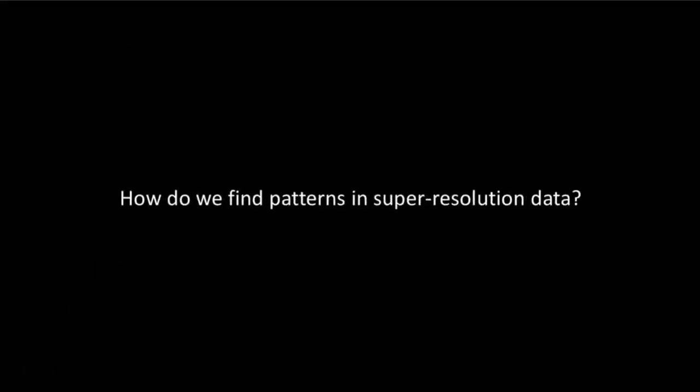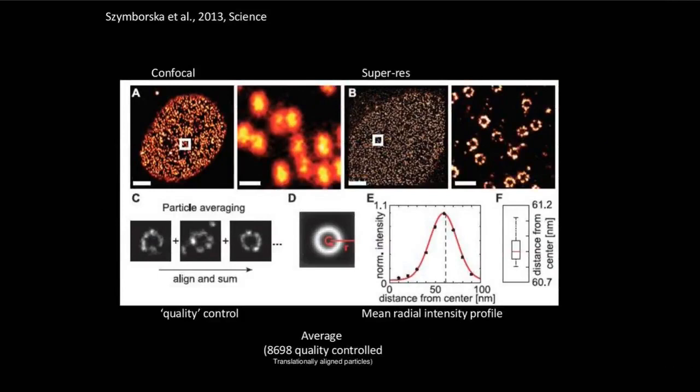So how do we find the patterns? There's been quite a bit of work in this area already. I think probably nuclear pore has been worked on quite a bit. So this is an early example from this paper in Science, where people have taken super resolution images, seen that there is this pattern, taken the different particles, the two different nuclear pores, after doing some quality control to pick the best nuclear pores, aligning them and summing them.